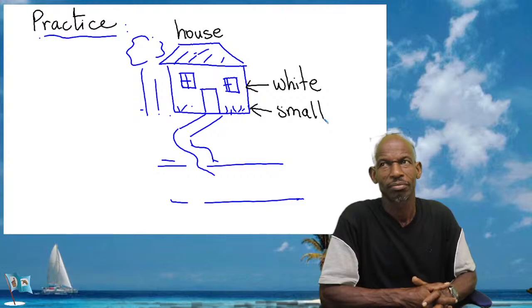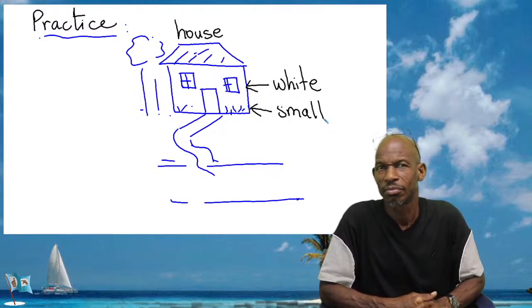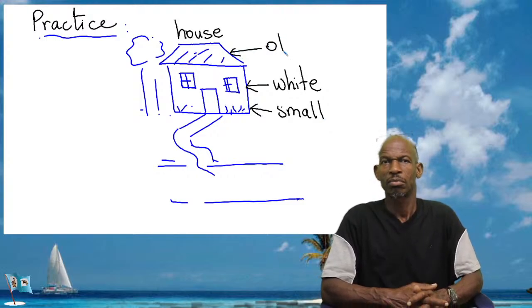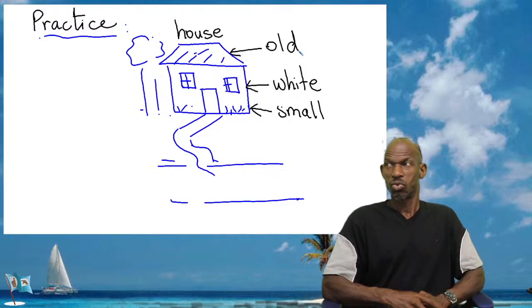So this house is a small house. And we may look at this house again and we may say this house is old. That's an old house.